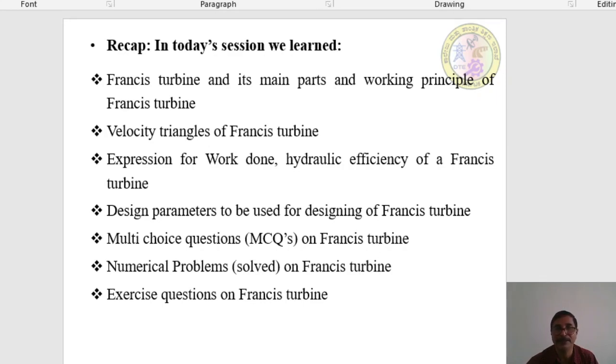Next, design parameters to be used for designing a Francis turbine, and we have discussed around 20 MCQs relevant to the Francis turbine, and we solved three simple numerical problems on Francis turbine. And exercise questions on Francis turbine will be given in the notes or course material. Thank you.